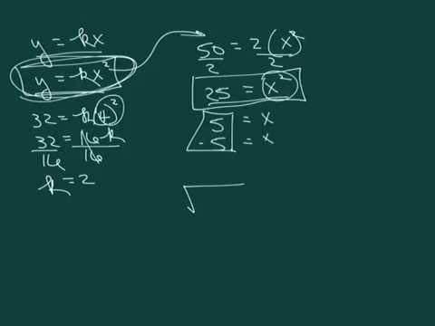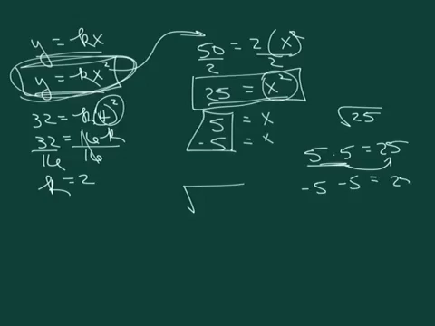And a square root is basically asking the question, what number multiplied by itself gives me 25? So if I say, what is the square root of 25? That means what number multiplied by itself will give me what's under the sign. And it also is negative 5. Negative 5 times negative 5 is 25, because a negative times a negative is a positive.